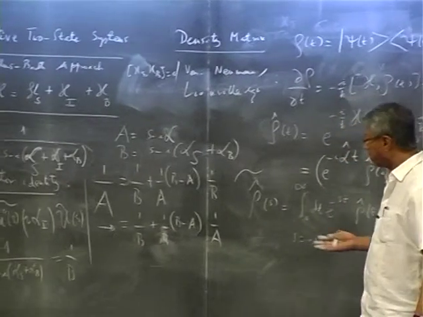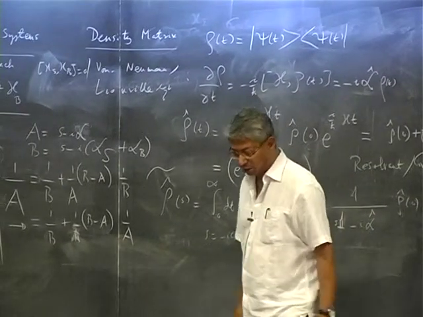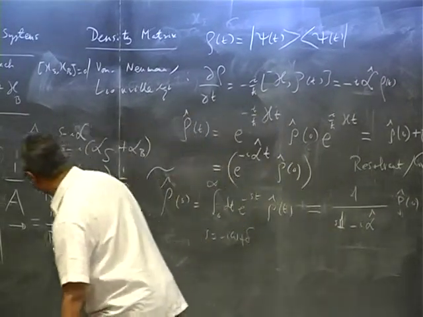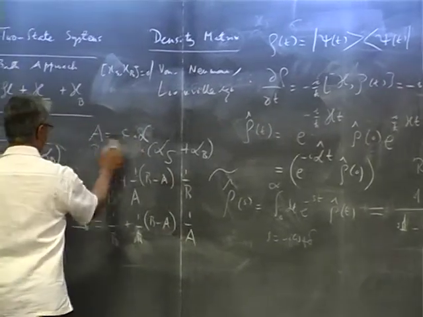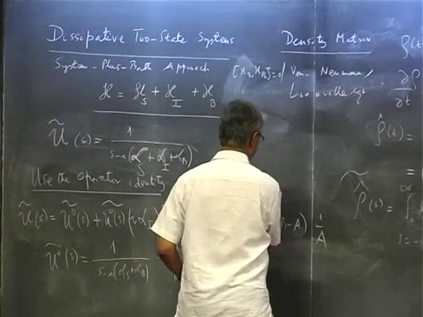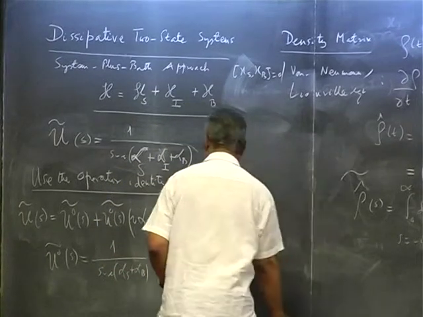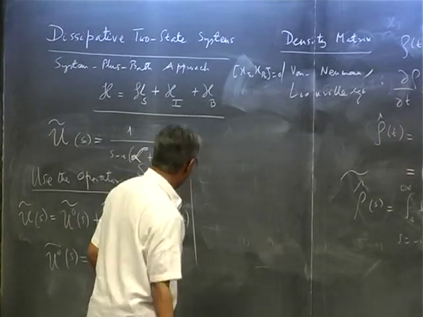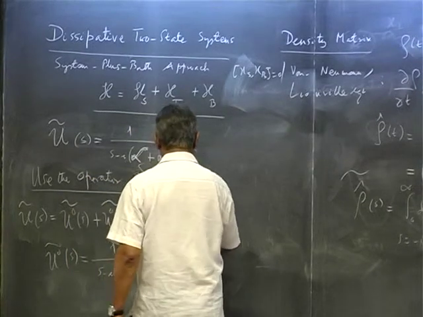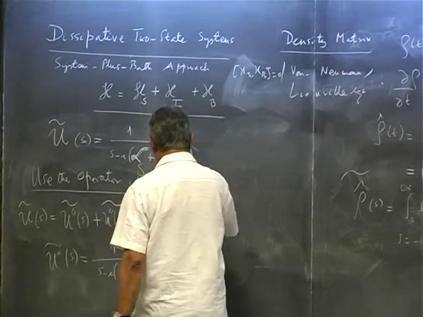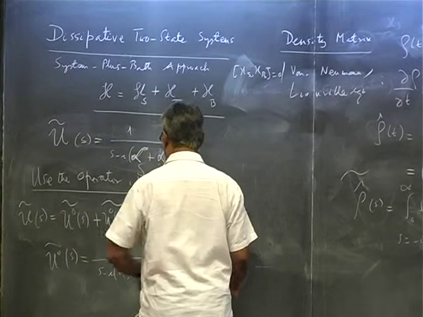But in order to develop it in a series, you do what is called iteration. For U of S, you substitute back again.